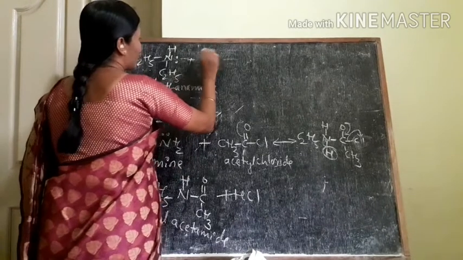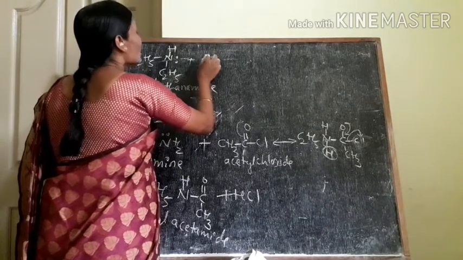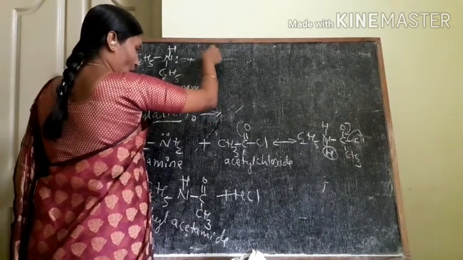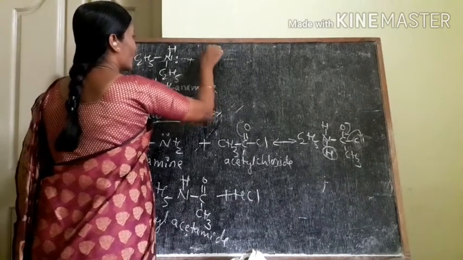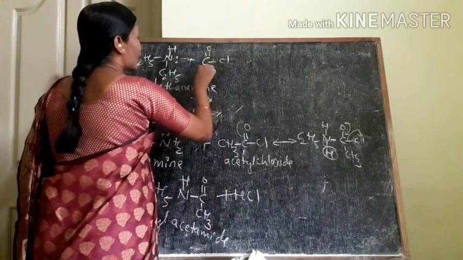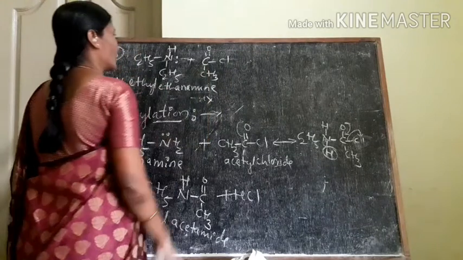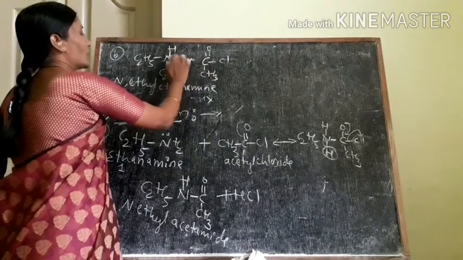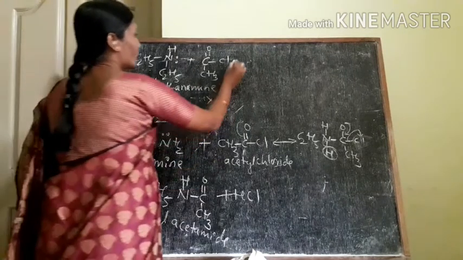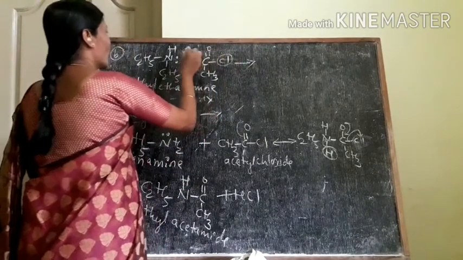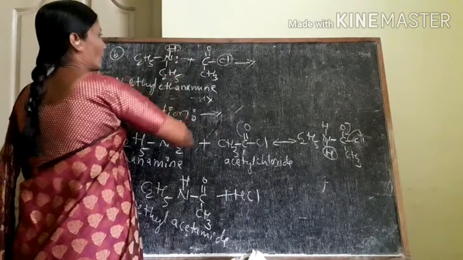I will take the acid chloride as C double bond O, and here it is Cl, and this is CH3. Yes, there is a bond between nitrogen and carbon and elimination of one chlorine and hydrogen.